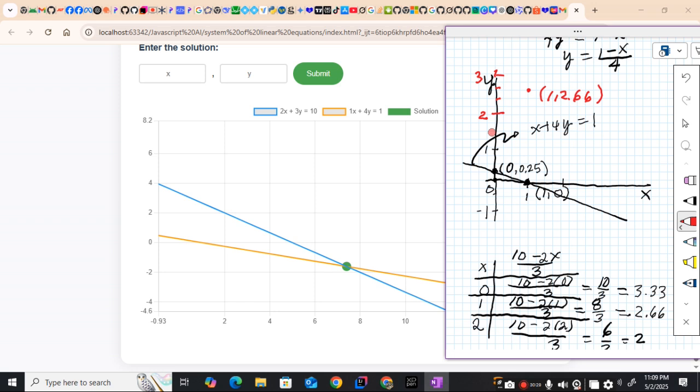So it's around here. This is 2 and 2. And we try to draw a line.